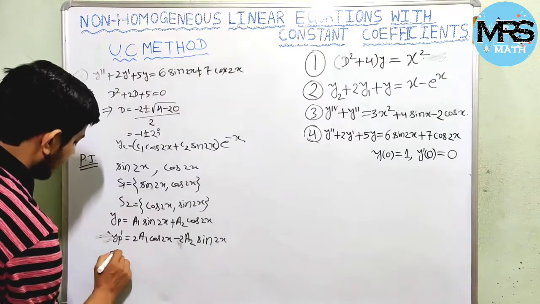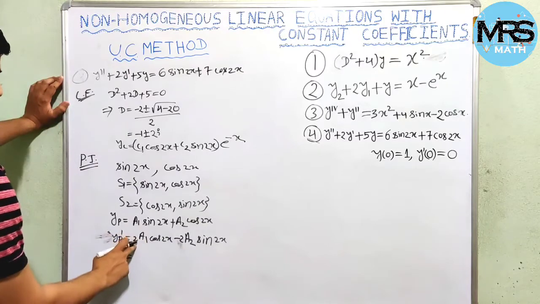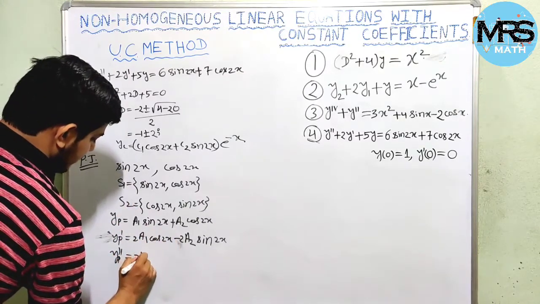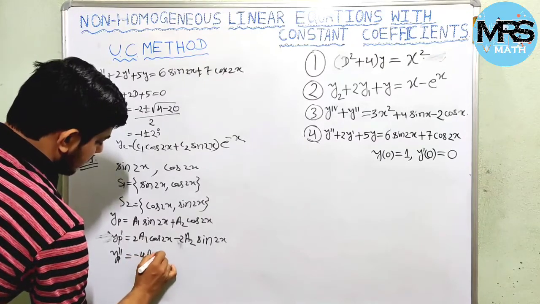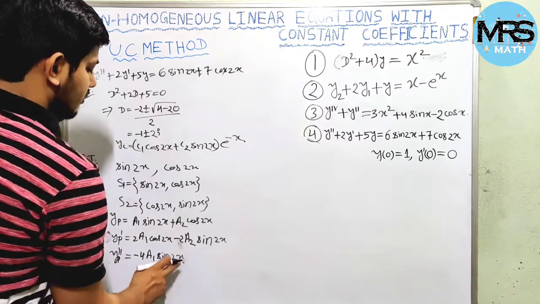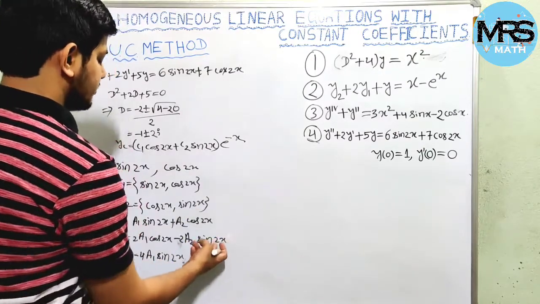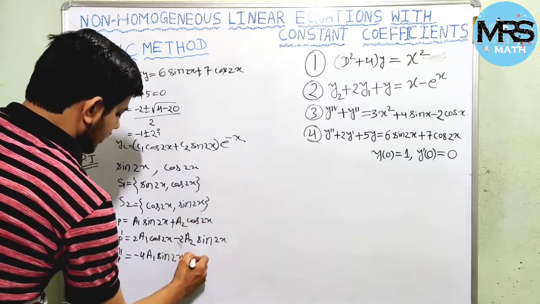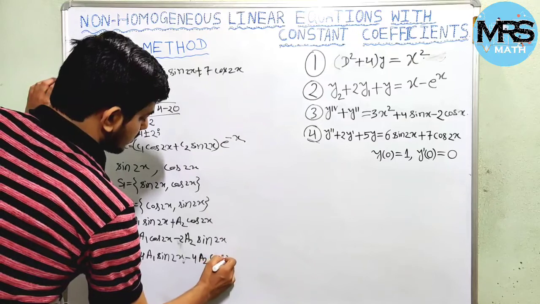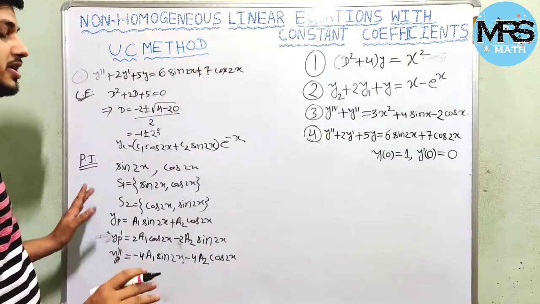Now yp double dash, what will it be? Again it will multiply by 2, the derivative of sin is cos, so we can write minus 4a1 sin 2x, okay? And the derivative of cos 2x is minus sin 2x, and the derivative of 2x is 2, so we multiply here, that is minus 4a2 cos 2x. Okay, so first derivative, second derivative we got.